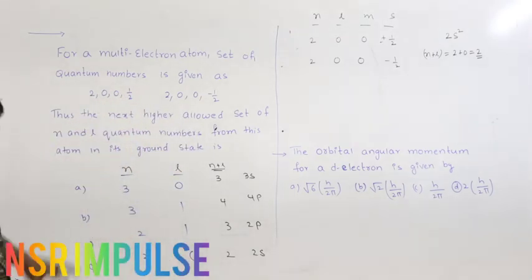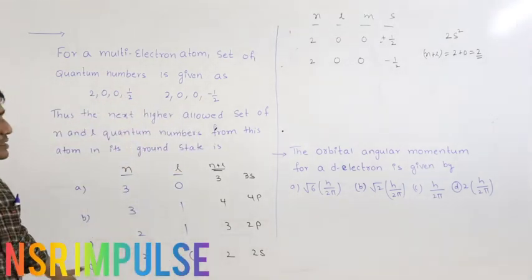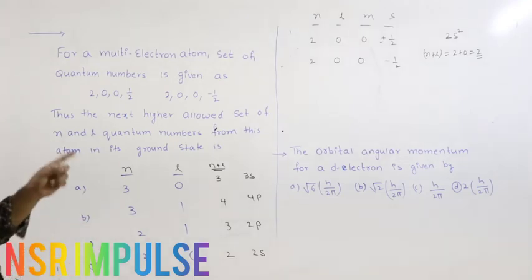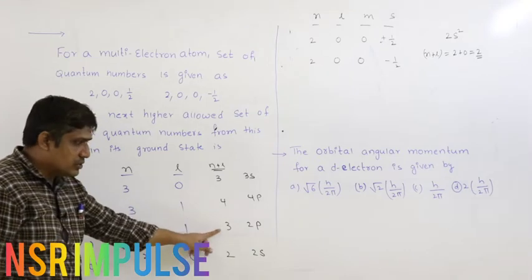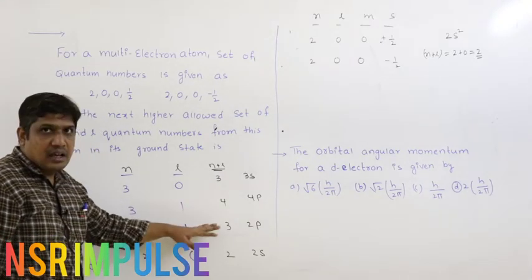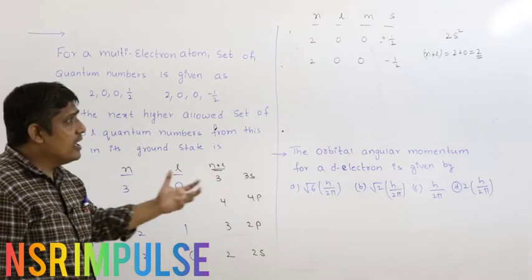The 2s orbital is filled, so option D cannot be the answer. Next, the n plus l value should be greater than 2: 3, 4, 3. So options A, B, C have orbitals with higher energy.